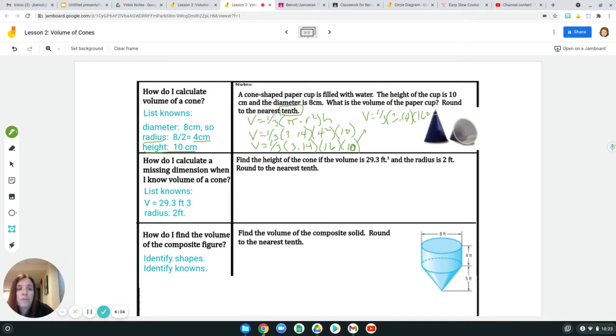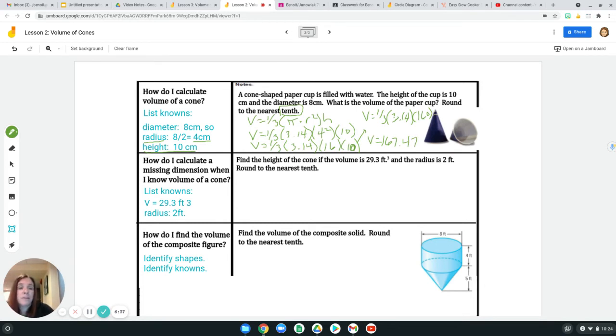Now, here's a trick for doing 1/3 in your calculator. 1/3 is the same as dividing by 3. So you're going to type in your calculator 3.14 times 160 and then divide by 3. And you should get a volume of 167 and 47 hundredths.